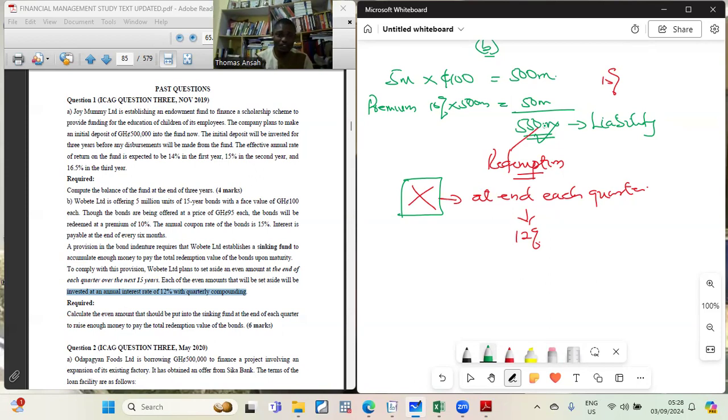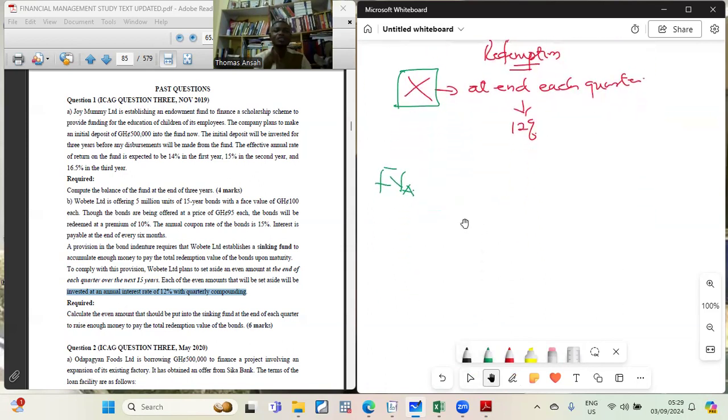So it is an FVA formula. Now, I told you that once you have been able to spot that it is an FVA formula, is it an FVA formula that is annuity due or FVA formula that is ordinary annuity? How do you know? You will find out when the X flows, the cash flow of the X flows.